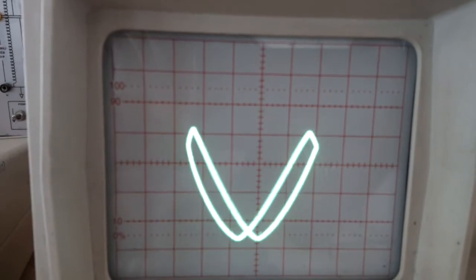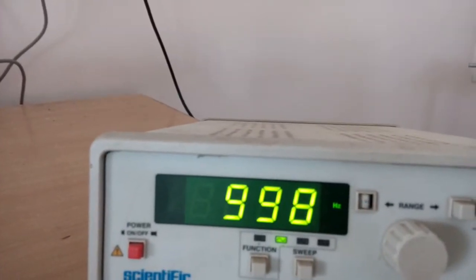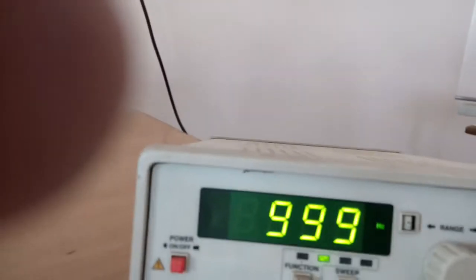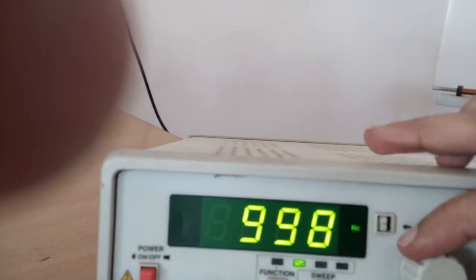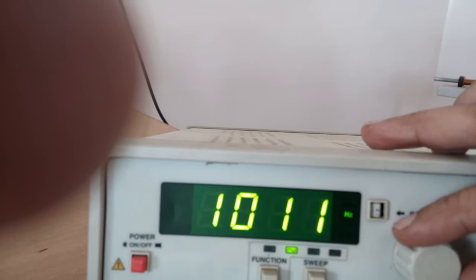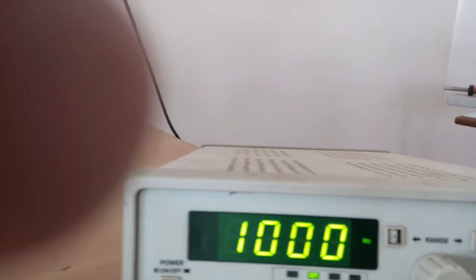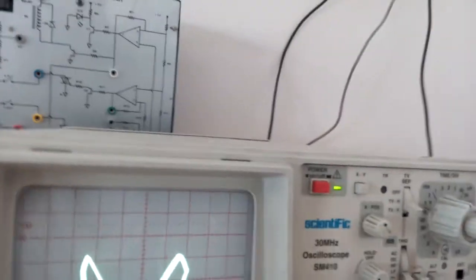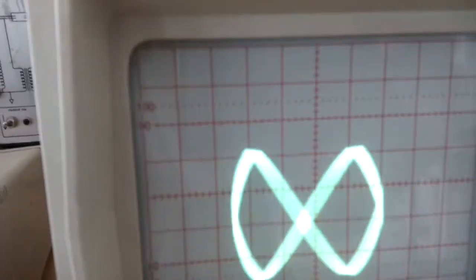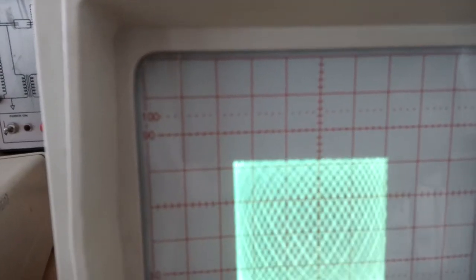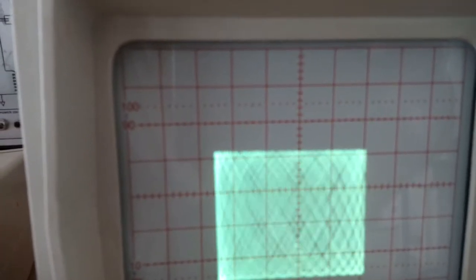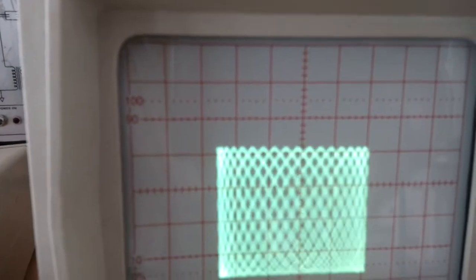Same way we can see one more Lissajous pattern. Again in the third case also we will keep this as 1000 hertz, that is our standard frequency equal to 1 kilohertz. Then we'll change the unknown frequency again with the second signal generator.